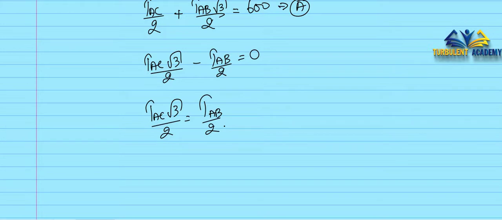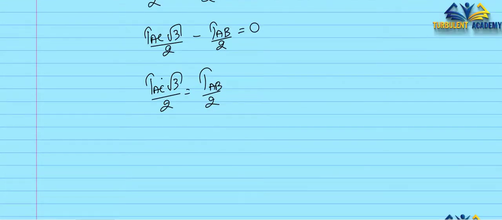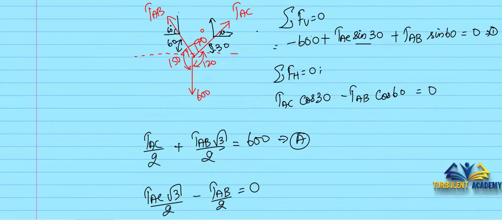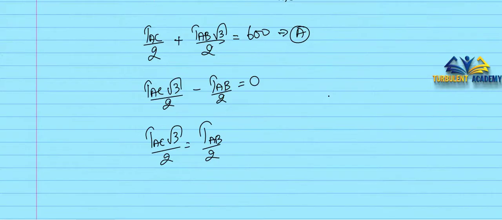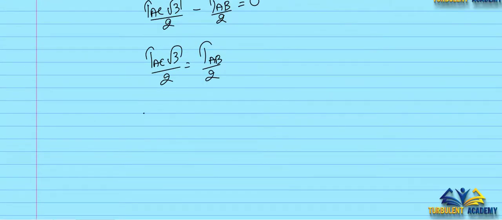Taking any one and solving it, you will be able to come up with the answer. So let's take it for TAB. If we substitute TAB in terms of TAC, we will have only one unknown. So 2 and 2 get cancelled, so TAB is equal to root 3 TAC.